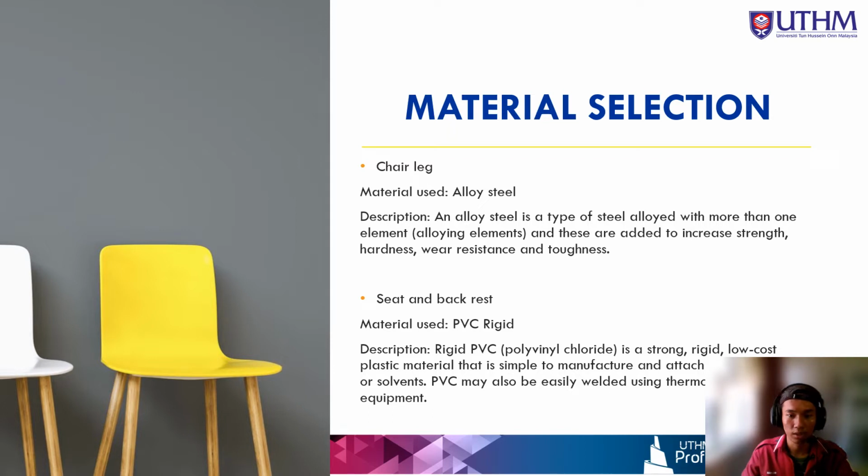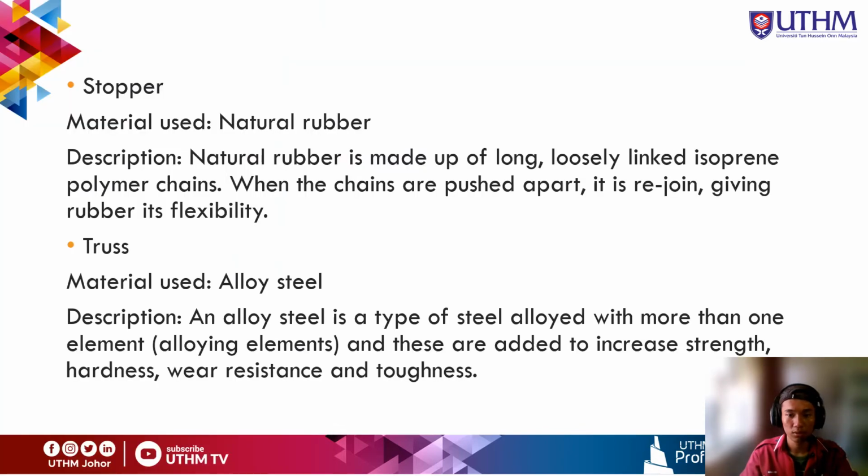For the chair leg, the material we use is alloy steel. Second, for the seat and backrest, the material that we use is PVC rigid. The third one is the stopper. The material that we use is natural rubber. And last but not least is the truss. The material that we use is alloy steel.